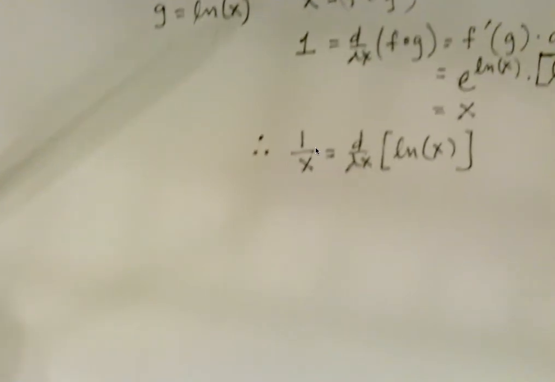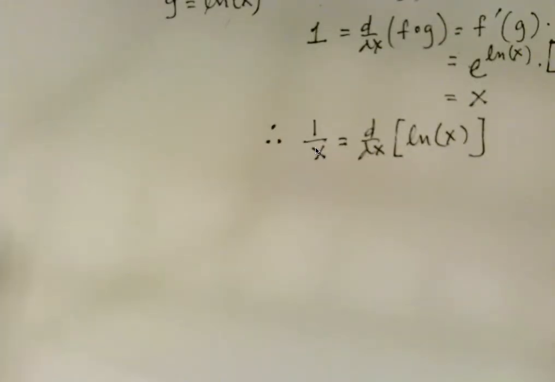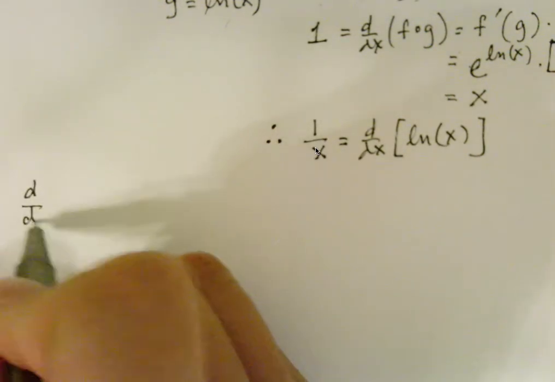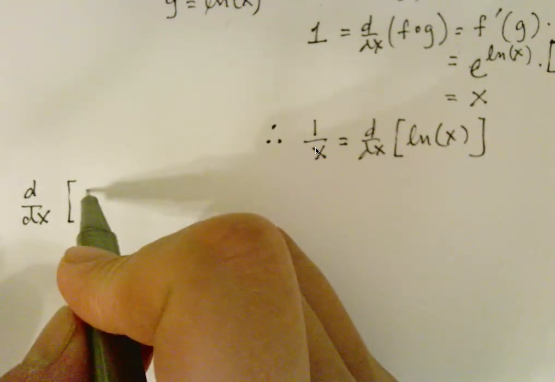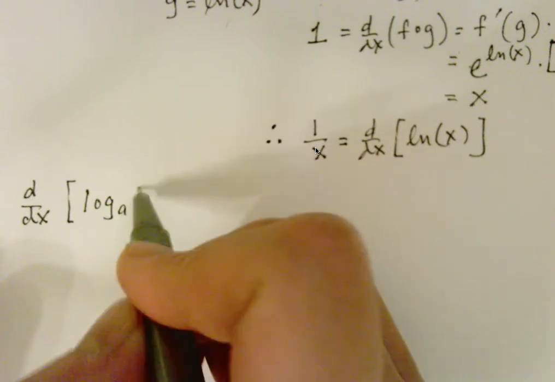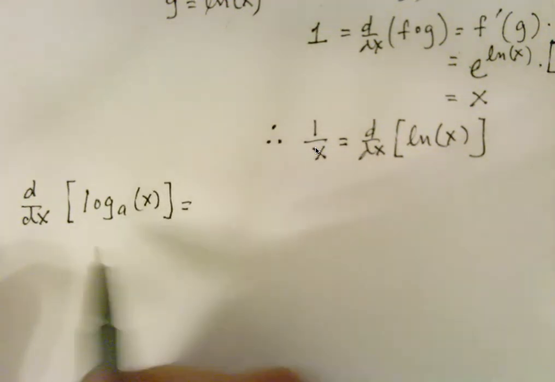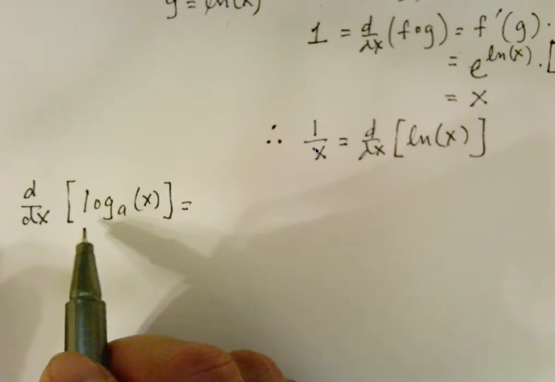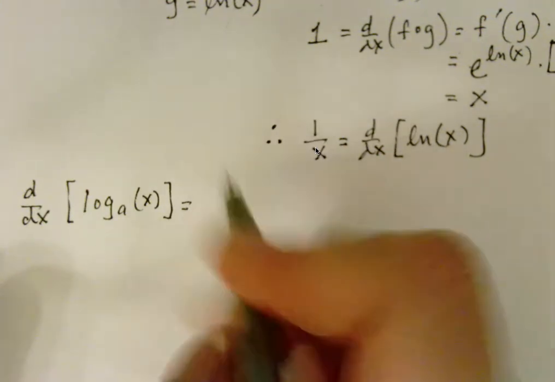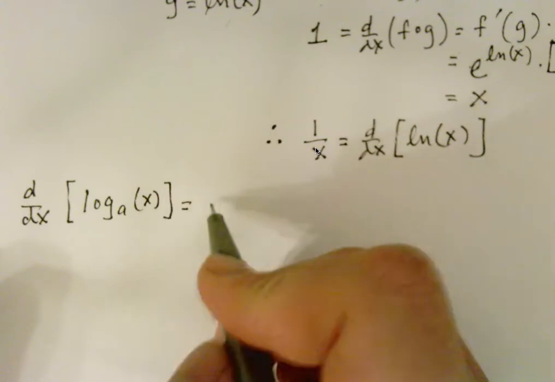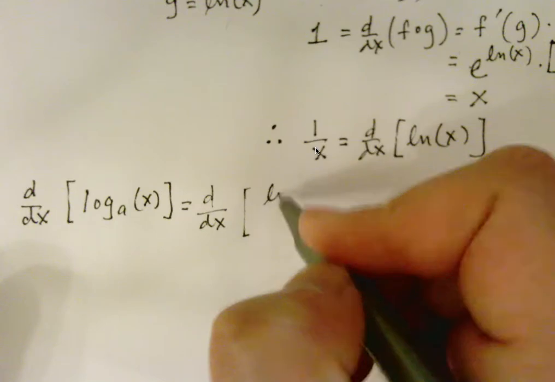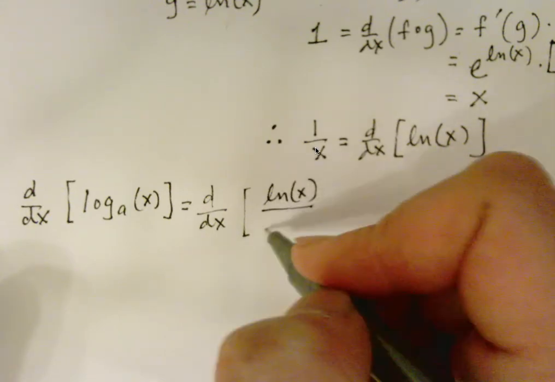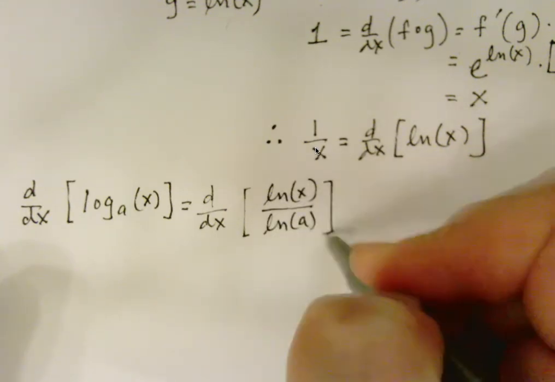We're just going to take it one step further and ask, since we know the derivative of ln x, what's the derivative of the inverse of a to the x, which is log base a of x? Well, remember the change of base rule. This log of x with base a is just natural log of x divided by natural log of a.